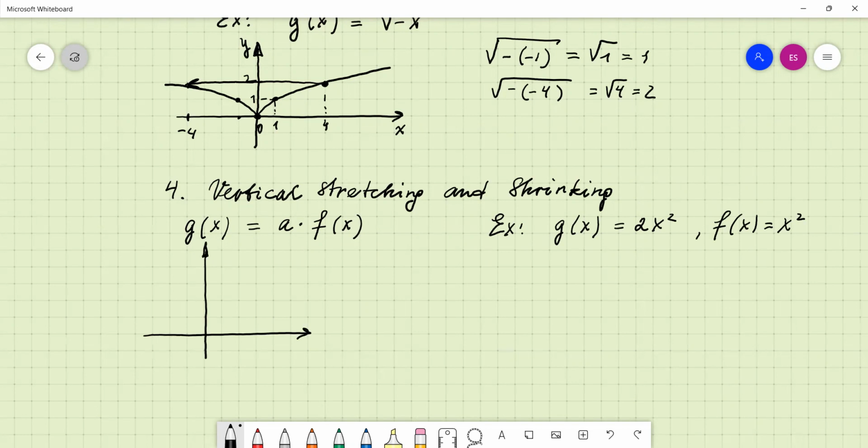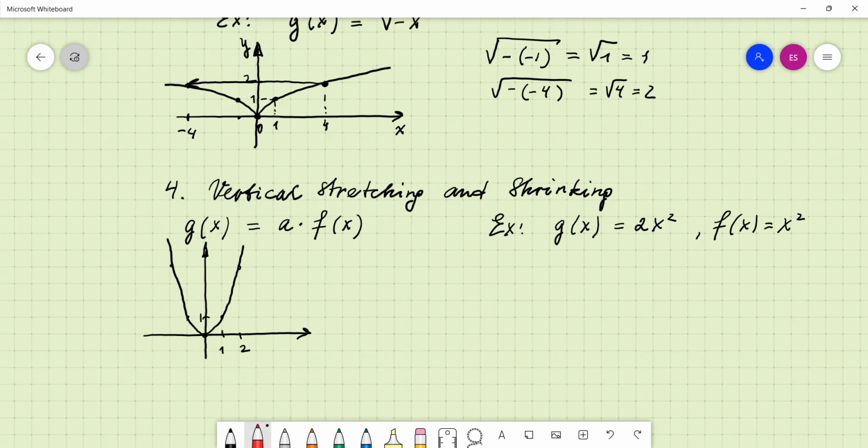Okay, well, I'm going to graph my parabola. 1, 2, 1. And see what is going to happen if I multiply everything by 2. So now if I plug in 0 here instead of x, I'm going to still get 0. So this point is not going to move. Let me use a red color. Okay, now if I plug x equals 1 here, it's going to be 1 squared multiplied by 2.